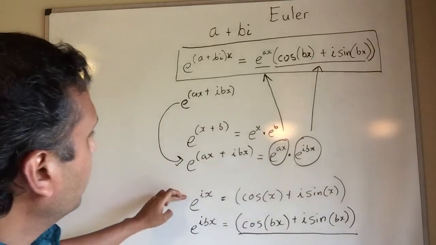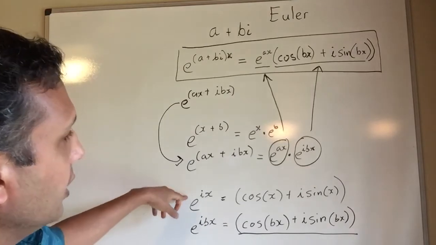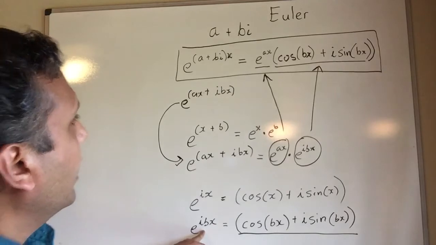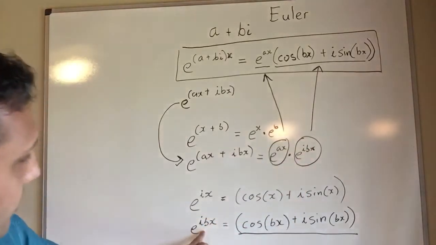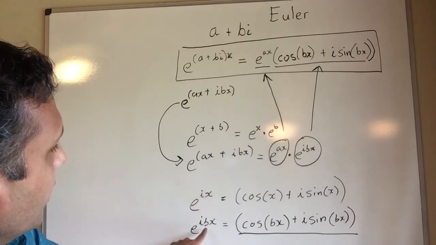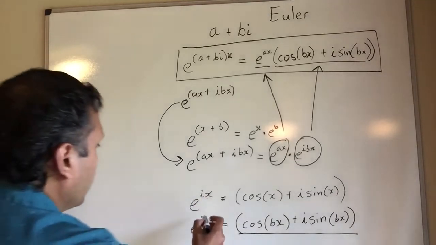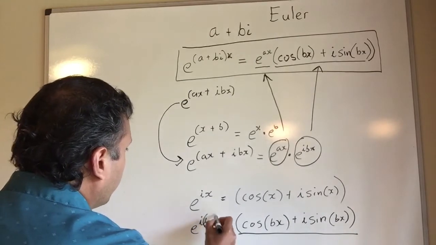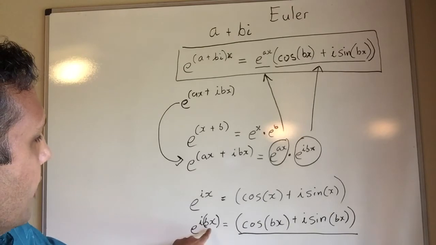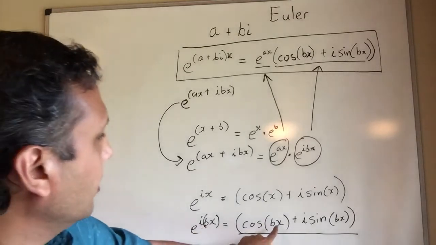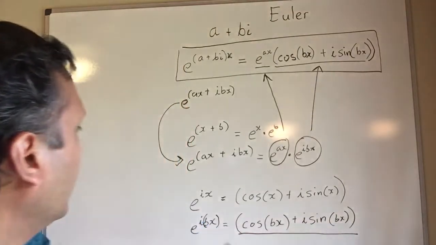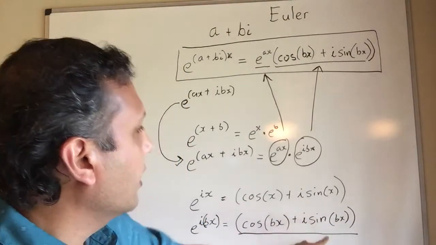So now, using this principle of Euler, I applied it to the one that I have here, which is e to the i bx, not e to the ix. This one has a b. So this part, this value multiplied by the i goes inside the cos parentheses and the sine parentheses, and the i stays on the outside of the sine.